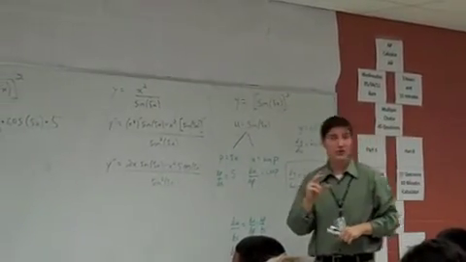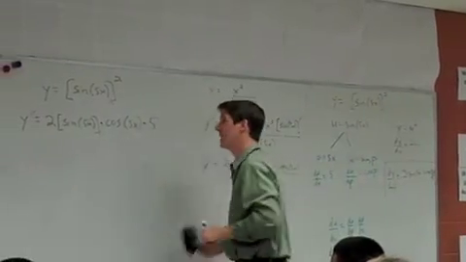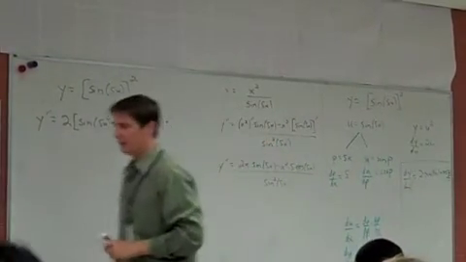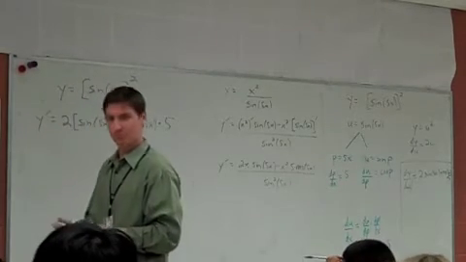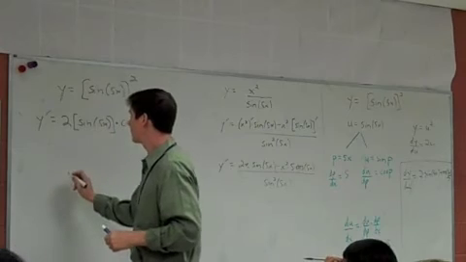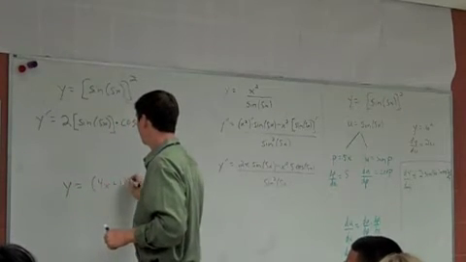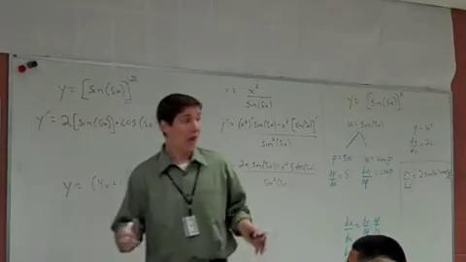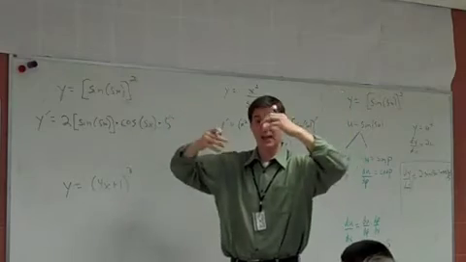What I would do if it's a two-stepper, I would write it out first. Like for example, the first one we did was, what was the first one we did, guys? 4x plus 1 cubed. I recognize this as a chain rule problem. I take the derivatives outside in.